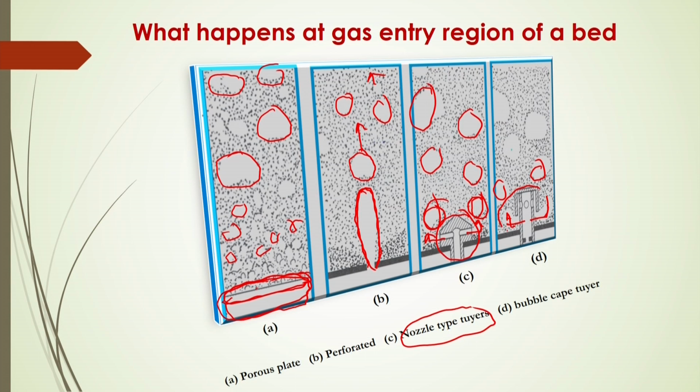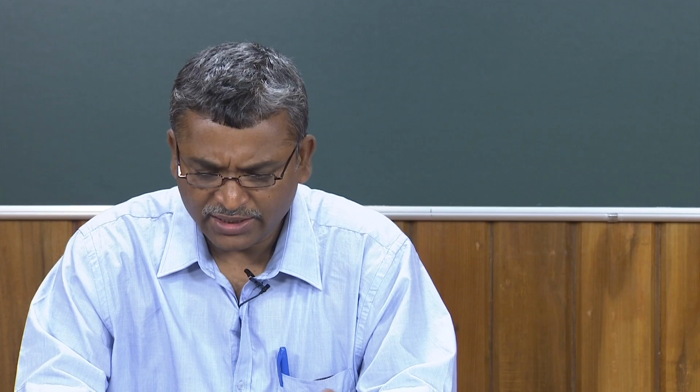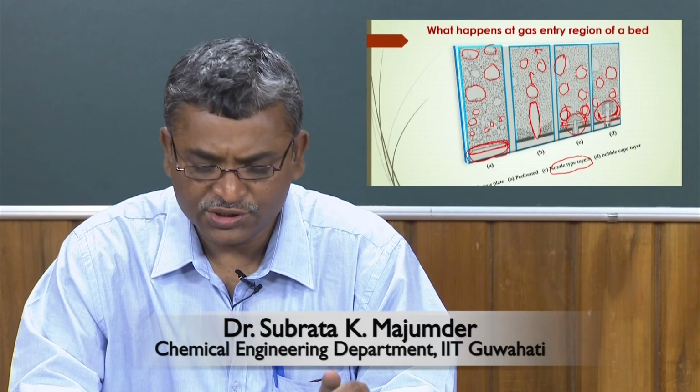In the region of this, there will be smaller bubbles, and maybe the bubbles will be elongated as a jet forms, and it may not be spherical. After a certain height it may become spherical because of the critical Weber number, the criterion for a non-uniform surface to become a uniform curved shape, forming the spherical bubble. So, this happens at the gas entry region of the bed from this distributor.